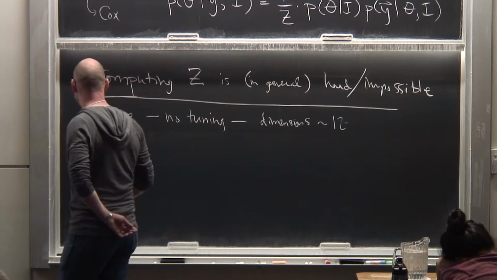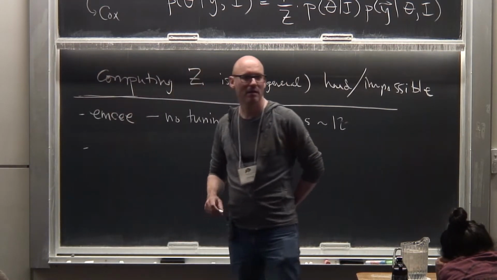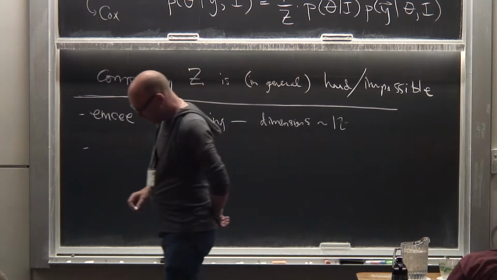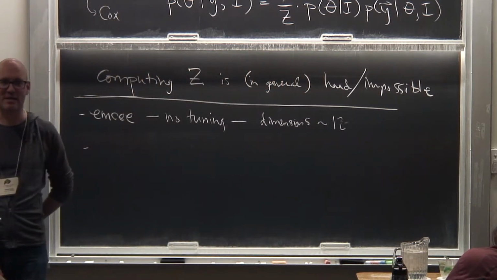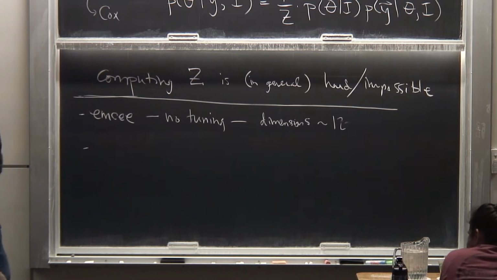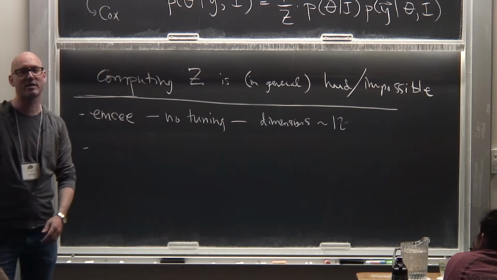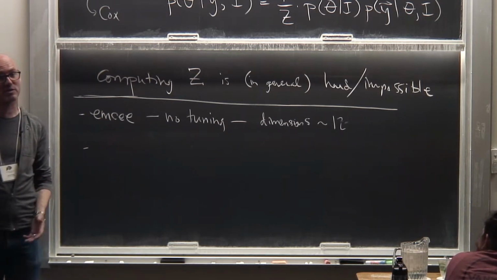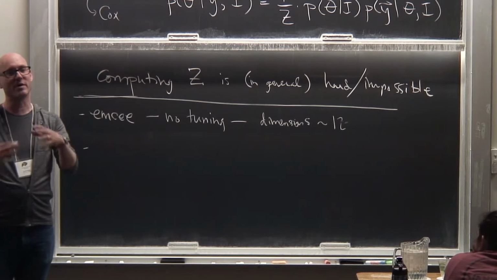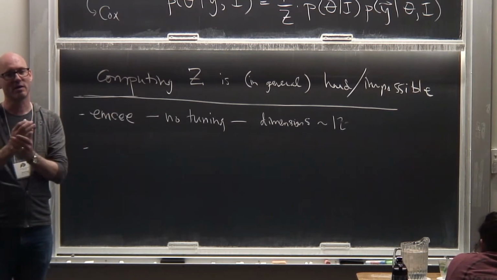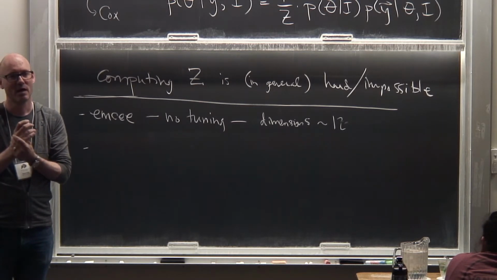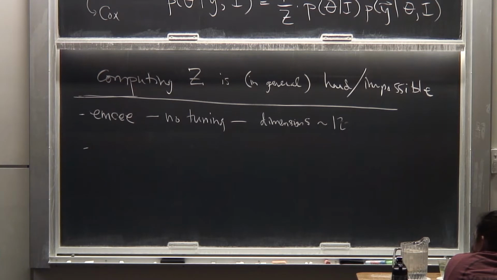Okay, so that's one thing I would say. The next thing I would say is, no, it literally just takes forever to converge. So we've done problems with this where we try to compute the volume, very trivial problems, like the volume of a cube in 1,000 dimensions. And it basically just takes forever. And we don't fully understand why, but there is a lot of literature on comparing different methods.